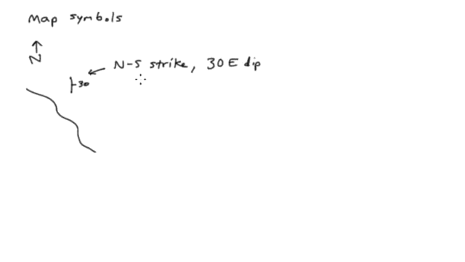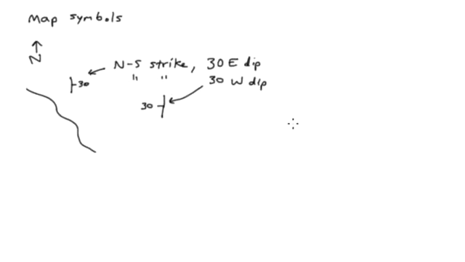We put that little tick mark off in the direction it's dipping. Alternatively, if it had been dipping 30 degrees to the west, this would be a north-south strike, but a 30 west dip. This one here, okay?